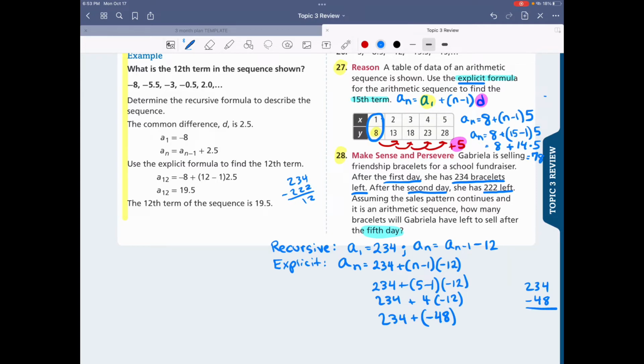And I need to borrow, so this becomes 14. This becomes 2. 14 take away 8 is 6. I can't do 2 take away 4, so I'm going to borrow. It becomes 12. And the 2 becomes a 1. 12 take away 4 is 8. Bring down the 1. So after the 5th day, she has 186 bracelets left to sell.